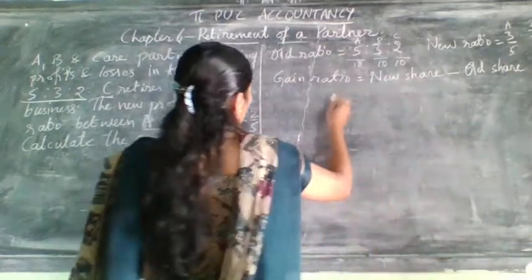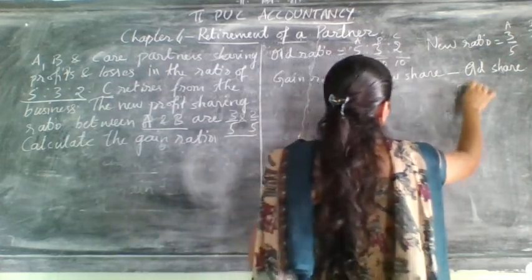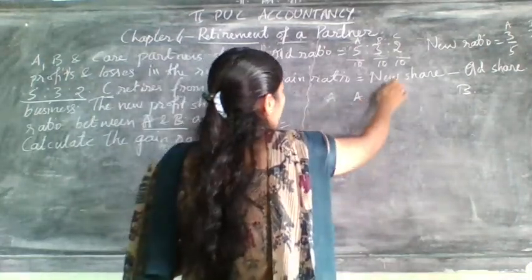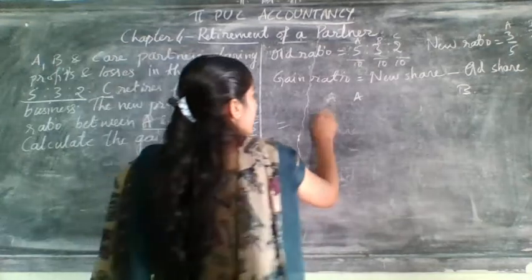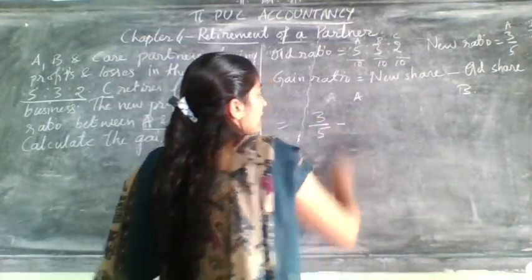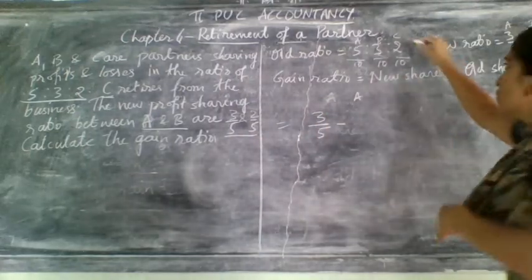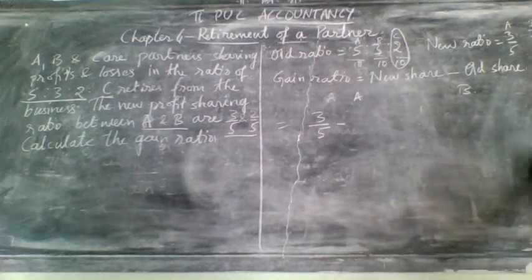Okay, let us do it now. A and B are the remaining partners. So first, new ratio of A is how much? New ratio of A is 3/5 minus A's old share. See, when they give this kind of problem, remember student, you need to put a circle for the retiring partner. Why? Because you will get confused doing the gain ratio.